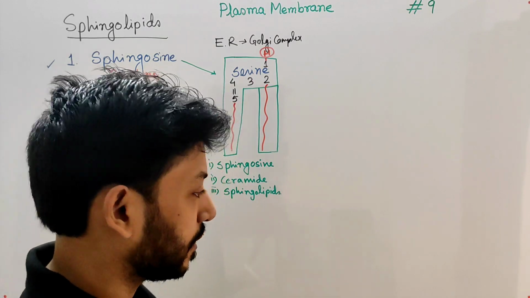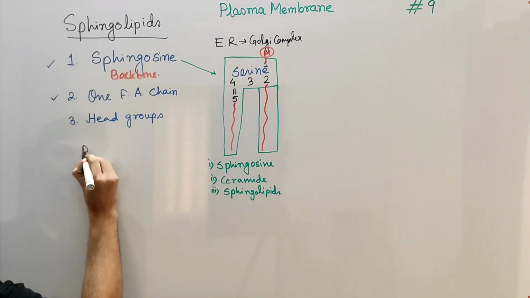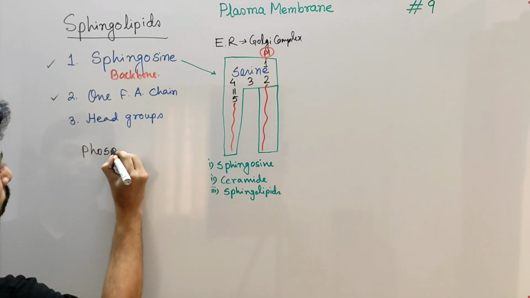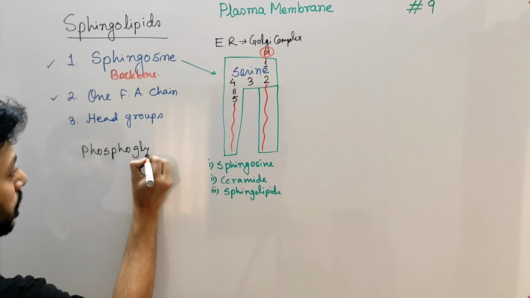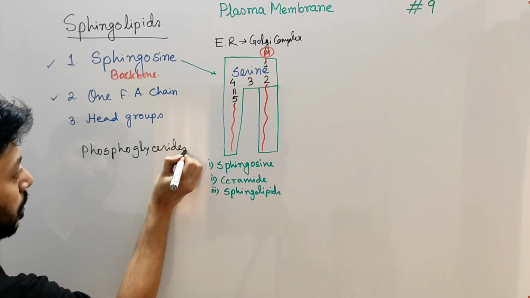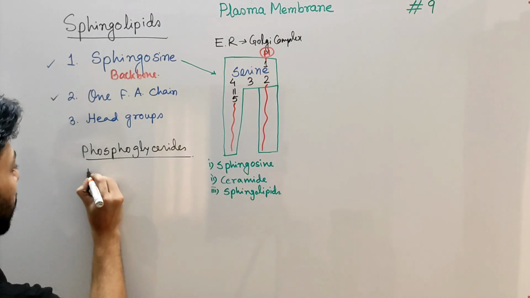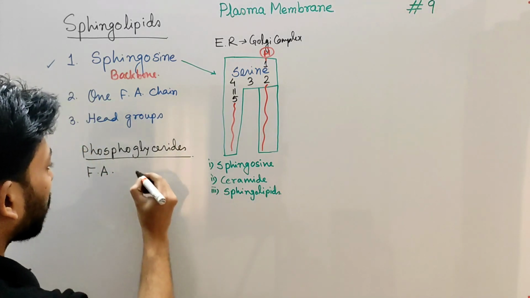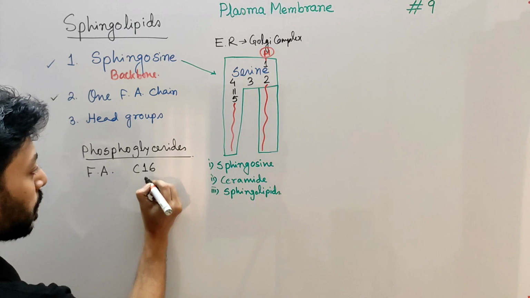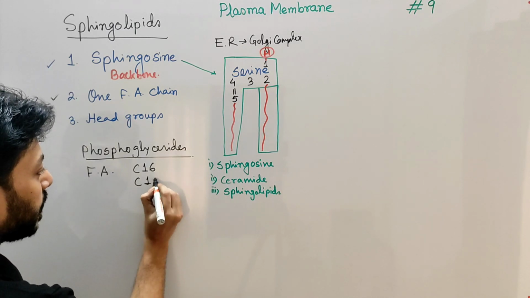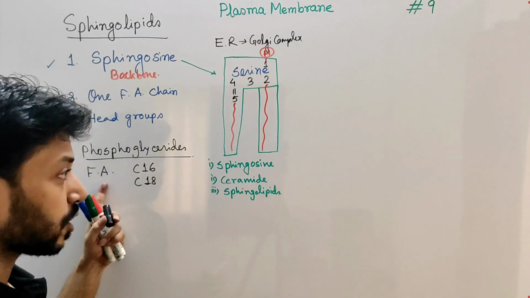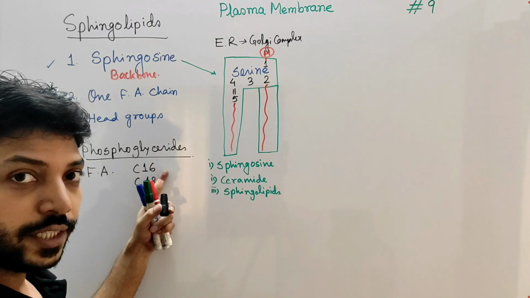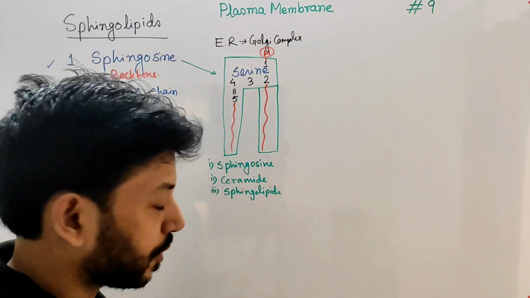Now the difference is here. In case of phosphoglycerides, the fatty acid chain generally contains carbon number 16 or carbon number 18. Generally it has been found.